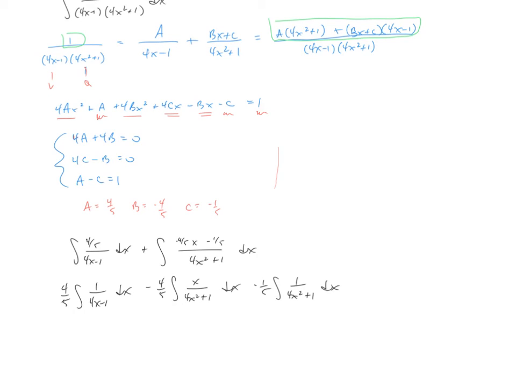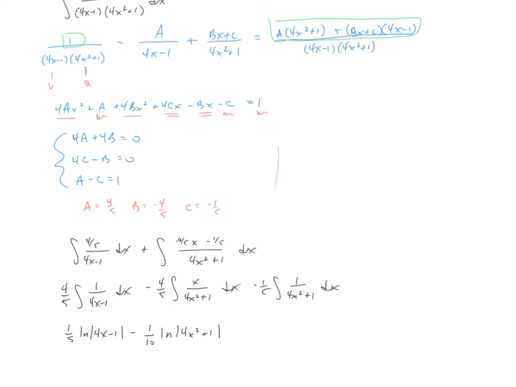This first one is going to turn into a 1/5 natural log absolute value 4x minus 1. And for this other one, I definitely would recommend writing out the U-sub, because as you write it out, it is going to take into account the x on top, but it still will turn into a natural log once we actually integrate. So I would encourage you to actually write out that U-sub there to see that we would in fact come up with this negative 1/10 natural log absolute value 4x squared plus 1.